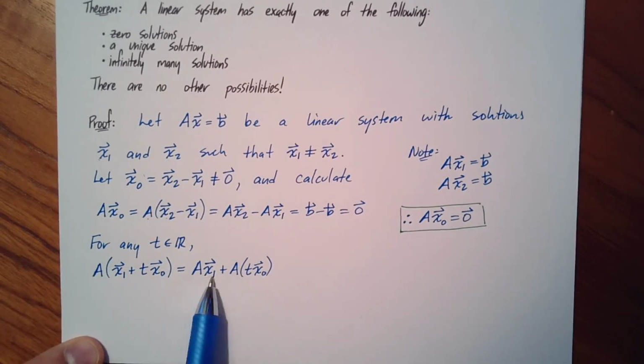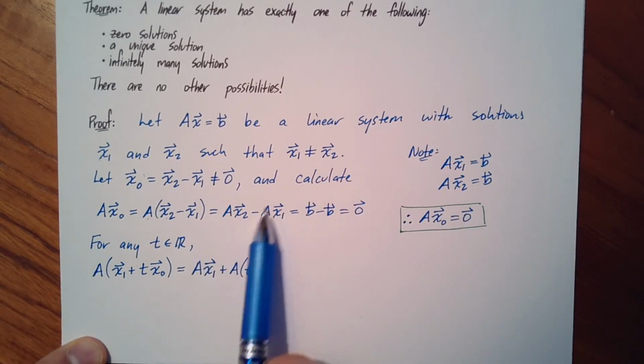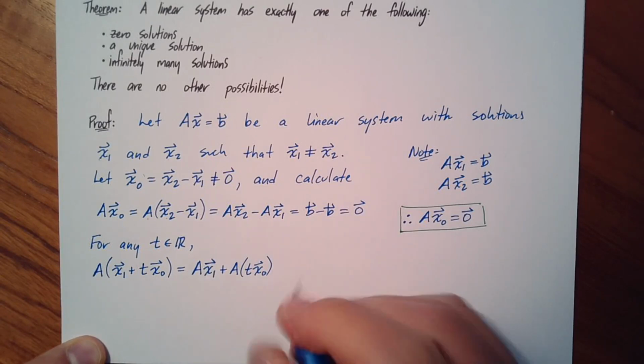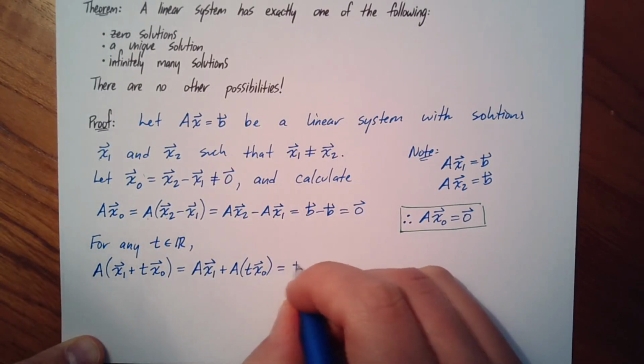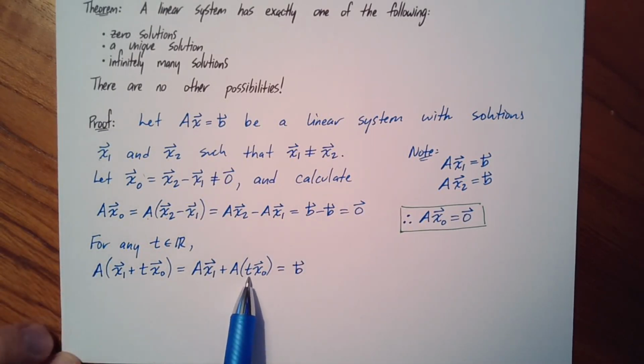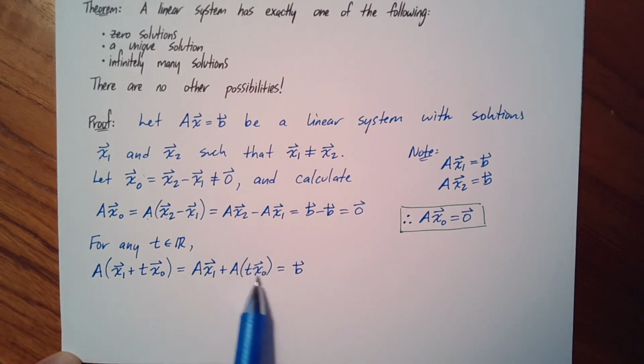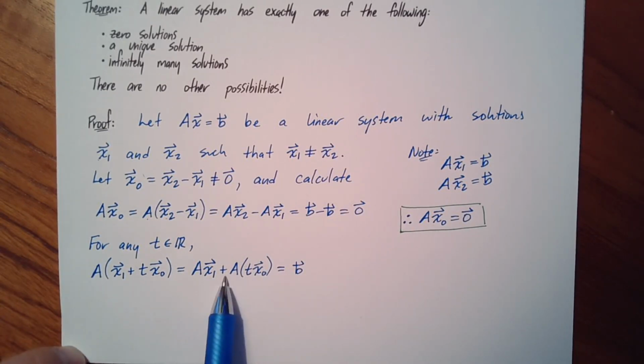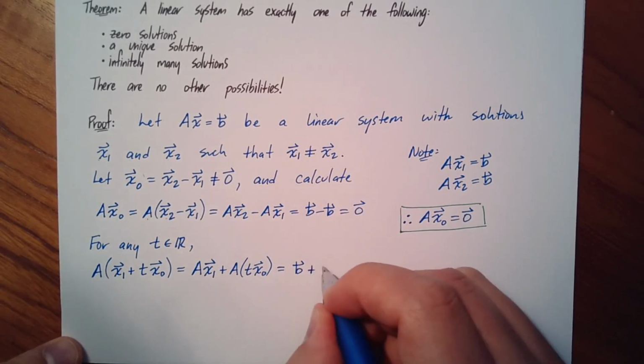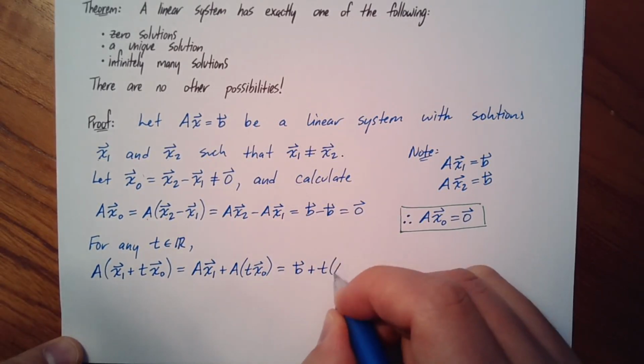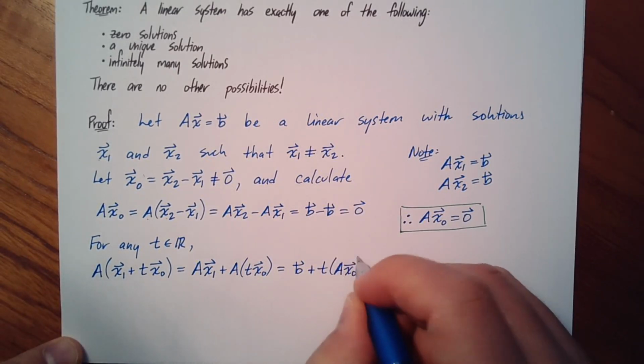Now, what's this going to be? This is going to be b, right? Just like this was b here, this is going to be b again. So we're going to get b, and then here I can pull this scalar. T is a scalar, A is a matrix, x naught bar is a matrix. T is a scalar, I can pull it out front, so I get plus t times A x naught.